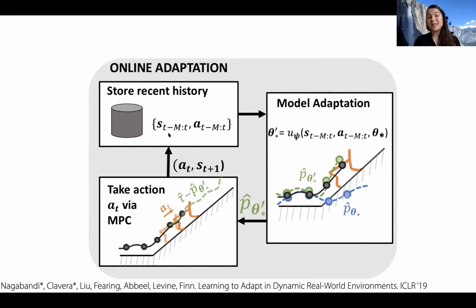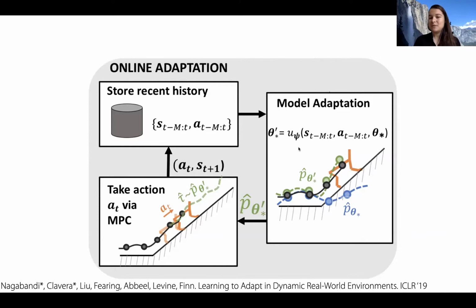So we're looking at the last m time steps. We're then going to update our dynamics model using those last m time steps, using some update procedure. And then we're going to plan using our updated model that's hopefully updated to the most recent thing that has happened to our robot and can effectively model those situations.